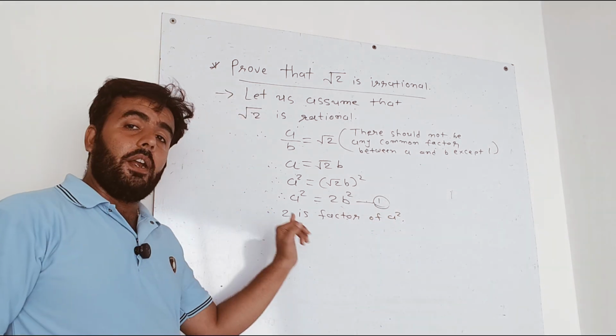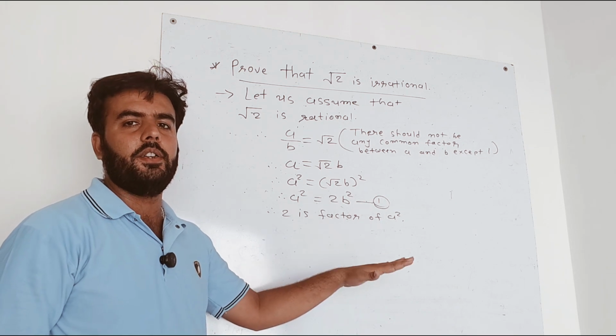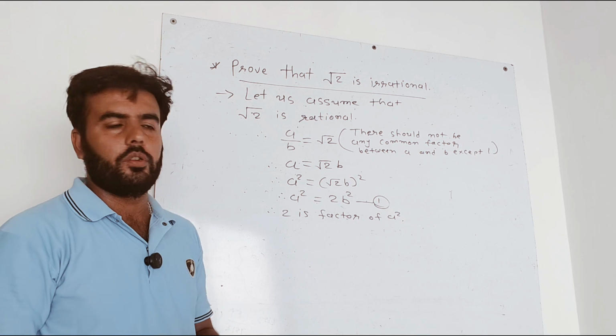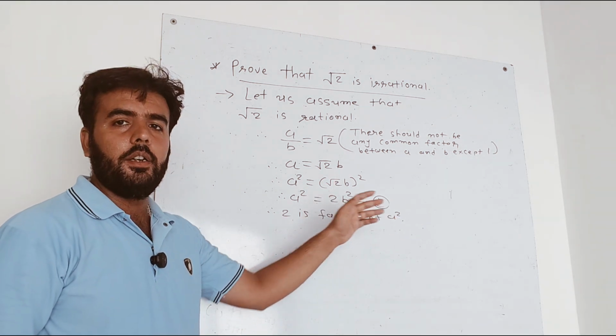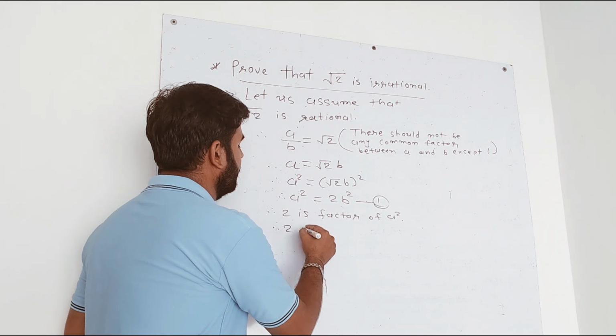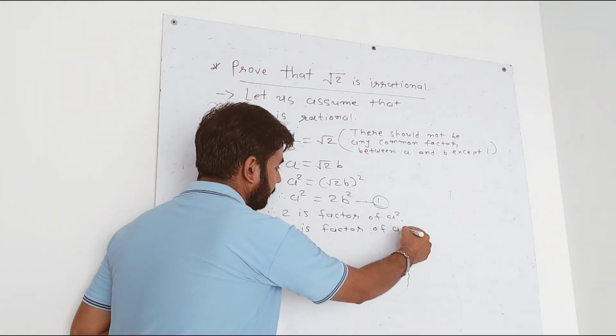Second thing, if 2 is a factor of a square, then it is also a factor of a. When any prime factor is a factor of a number's square, then it is also a factor of the number. So 2 is a factor of a square, that means that 2 is also a factor of a. Therefore 2 is a factor of a. Okay.